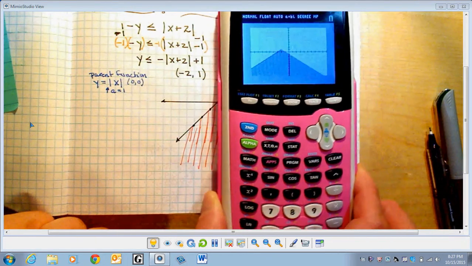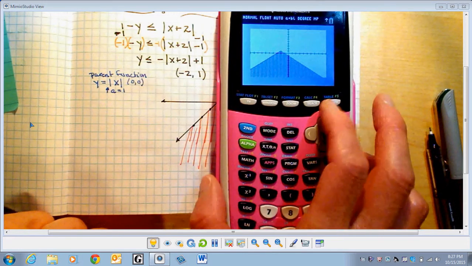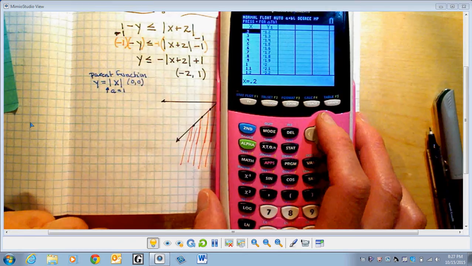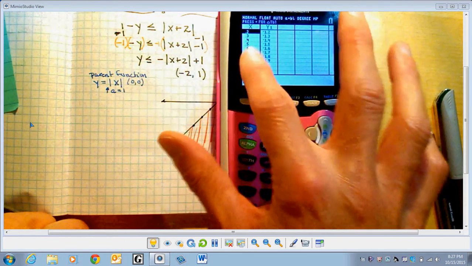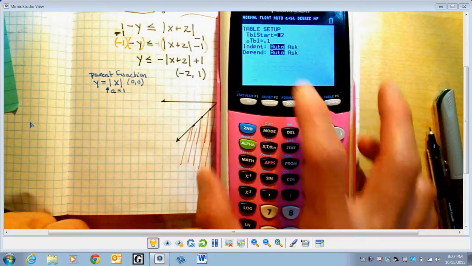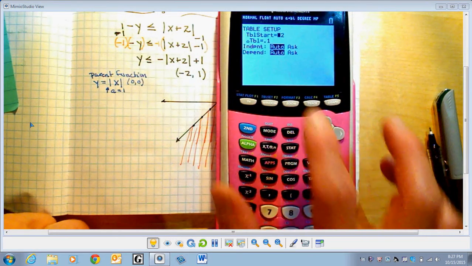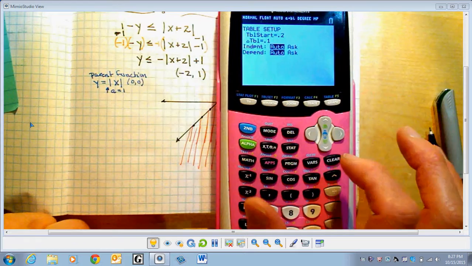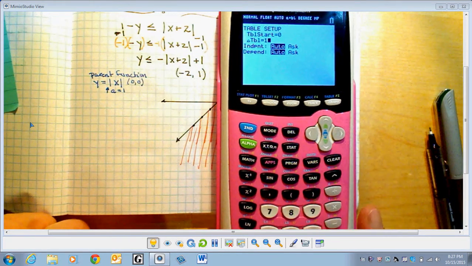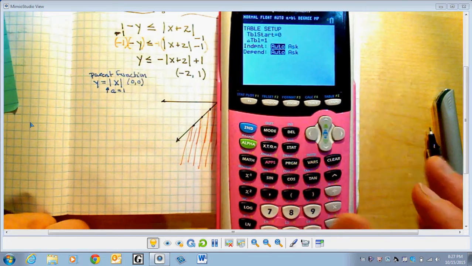Okay, so if we were to go to our table, second table, we see we have some points there. So I don't want all these decimals that are here, so I'm going to change my table set because it's changing every 0.1. Let's start it at 0, and I want to change it every 1 because I don't like all those decimals.